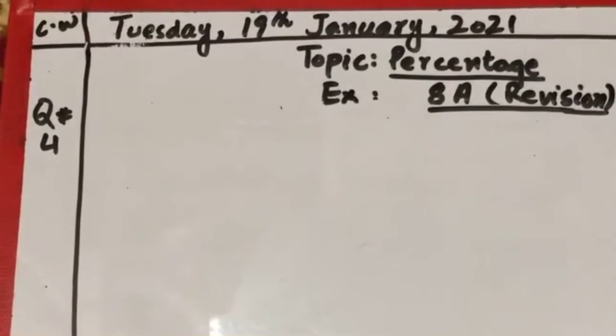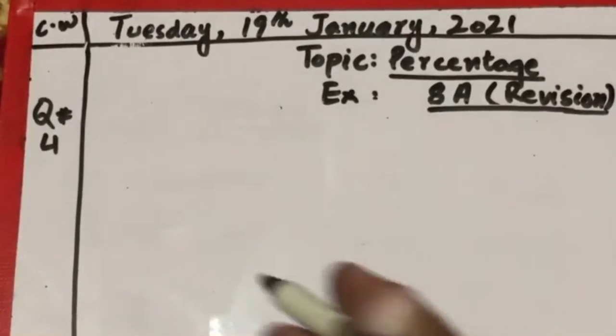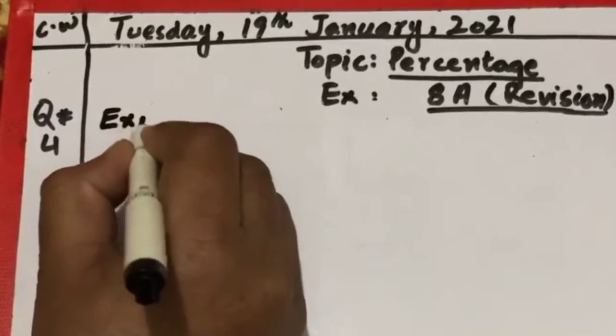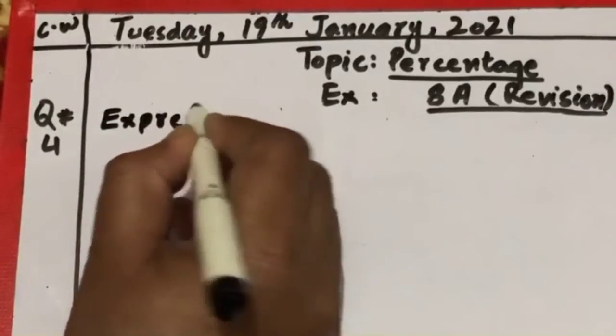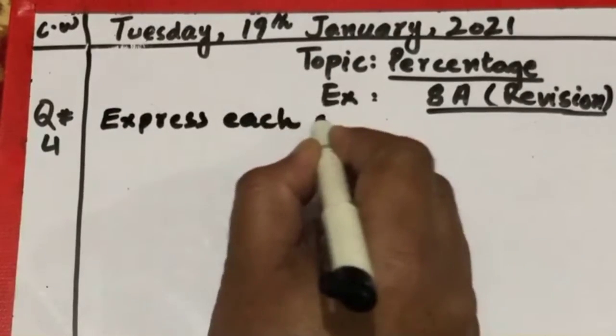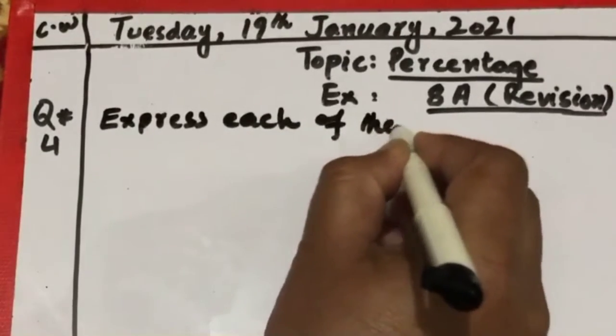Okay, so now we are going to solve question number 4 of exercise 8A. The statement of question number 4 is: express each of the following decimals as a percentage.